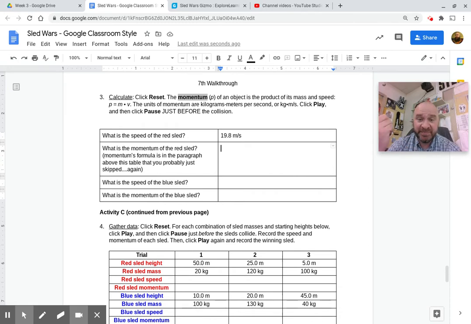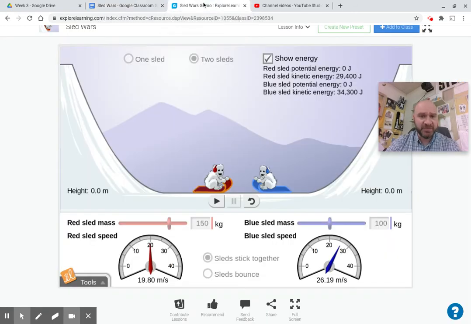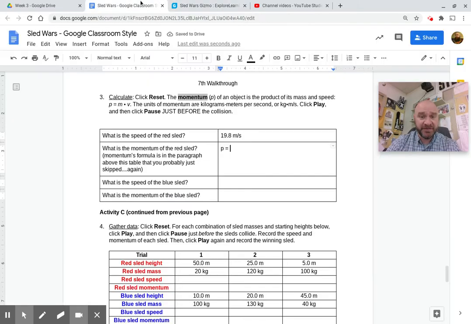What is the momentum of the red sled? Momentum's formula is in that paragraph that we just read. So I have to do its mass times its speed. So P equals its mass. What was the red sled's mass? 150 times the 19.8. And then you'll get an answer. Use your calculator.